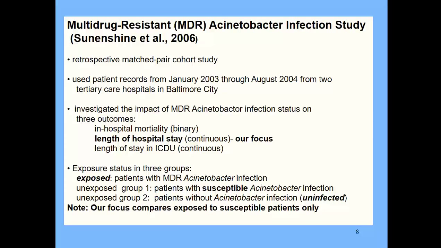We would call that susceptible to treatment. The exposed group were patients who were resistant. There were two unexposed groups: one was patients who were susceptible, and another was patients who didn't have the infection.